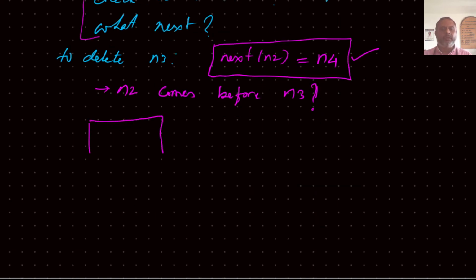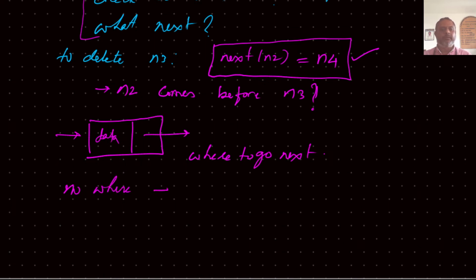Because in the node, it only says what the data is and where to go next. Nowhere is it written from where we came here. So this question has no answer in the singly linked list data structure.